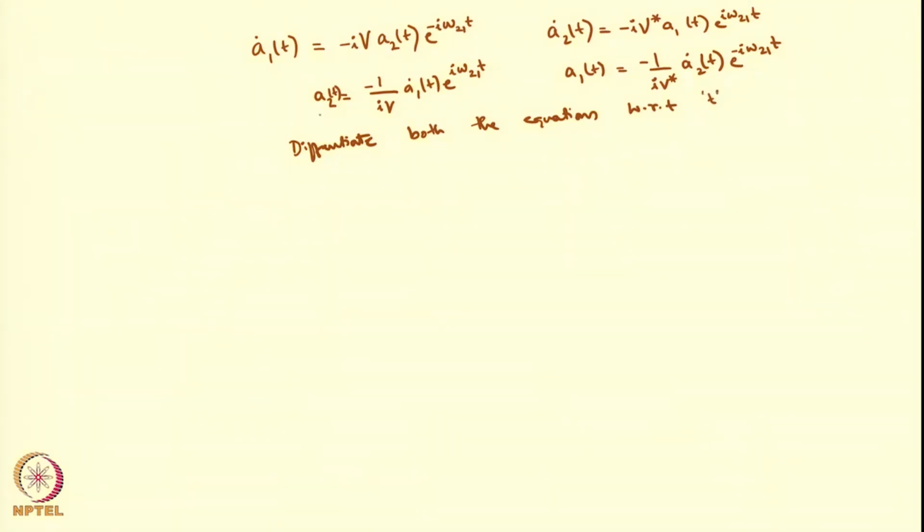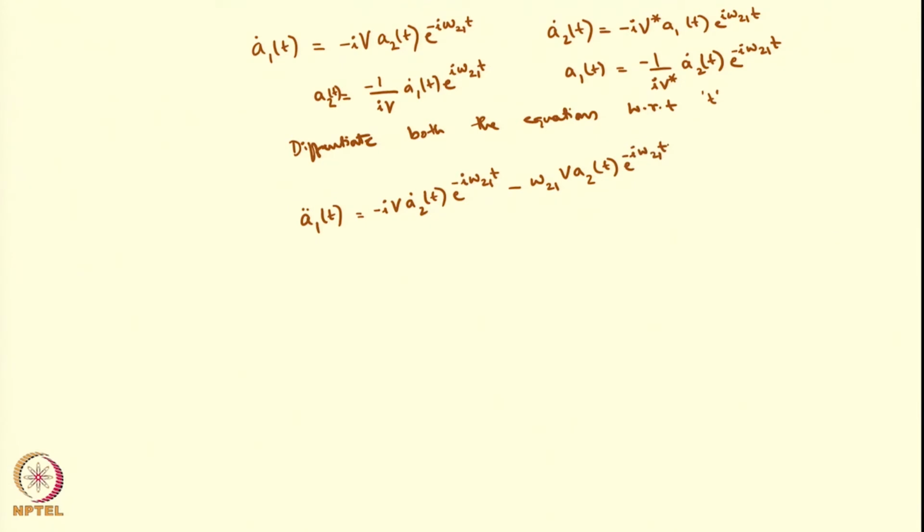Okay. So, if I differentiate once more and rearrange, what I will get is the following: A1 double dot t equals minus I v A2 dot t e to the power of minus I omega 21 t, minus omega 21 v A2 of t e to the power of minus I omega 21 t.